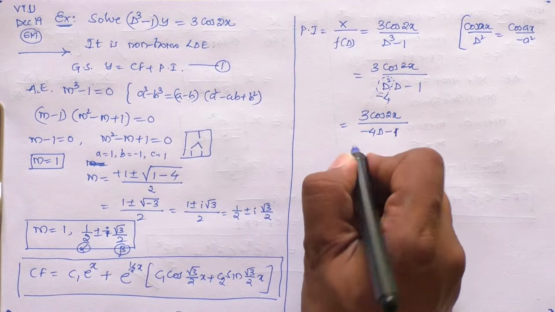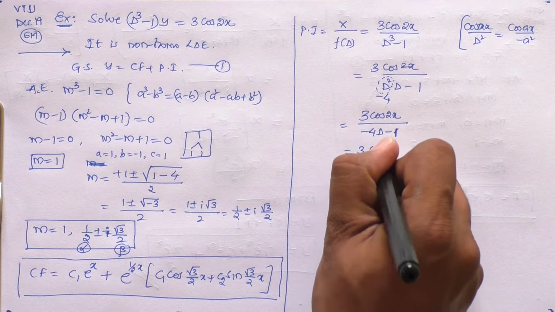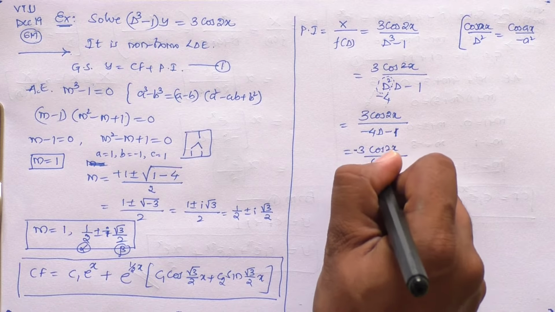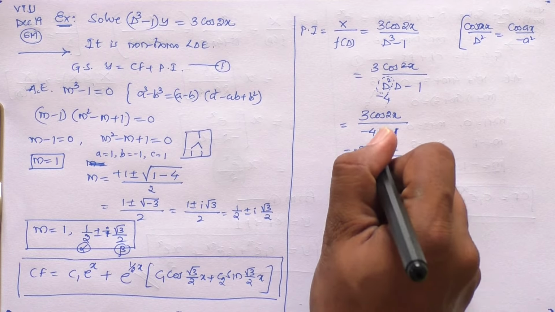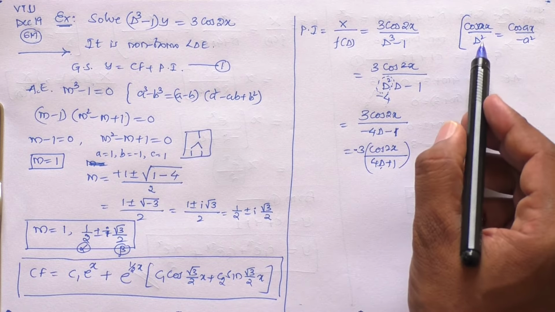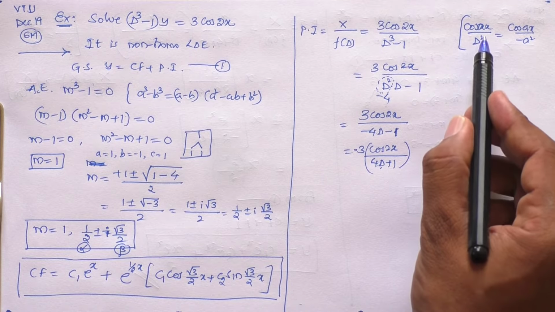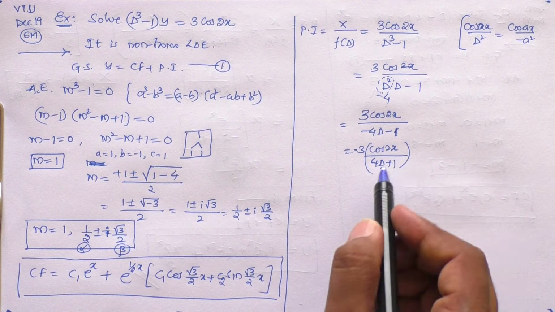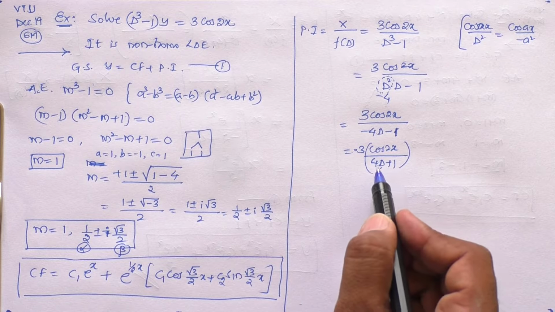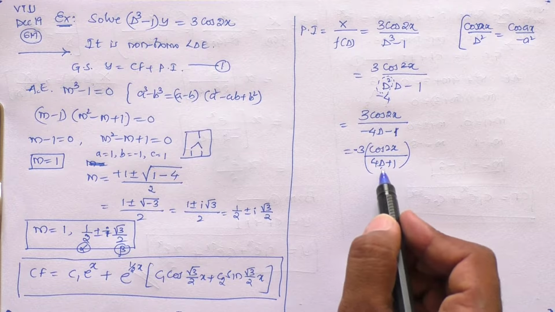Or if you take minus common, it can be written as 3 cos 2x divided by minus (4d plus 1). So here the denominator is a d term, but we know if the denominator is d square, then only cos has some result. So the denominator has to be converted to a d square term. For that, multiply by its conjugate.